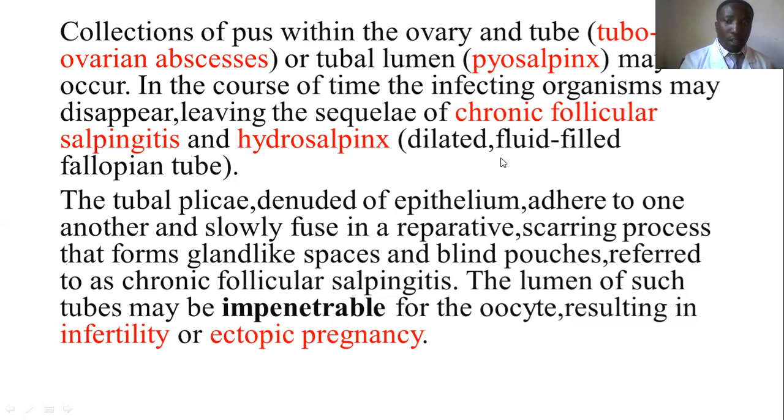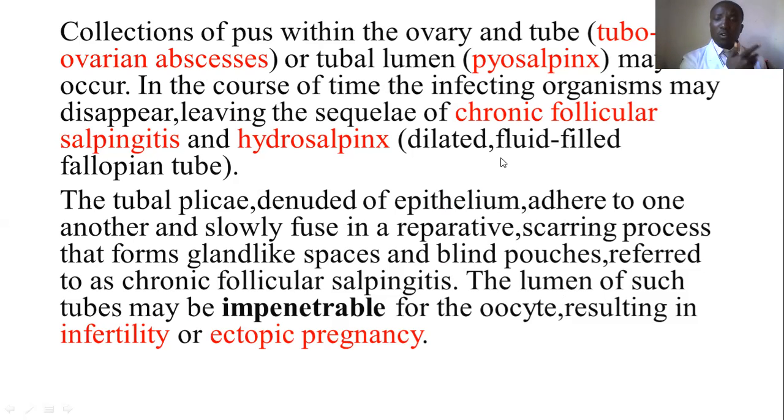So remember, by the time all this damage is occurring, the hair-like structures called cilia within the fallopian tubes that keep on pushing the egg towards the uterine cavity are being damaged, they have been lost.